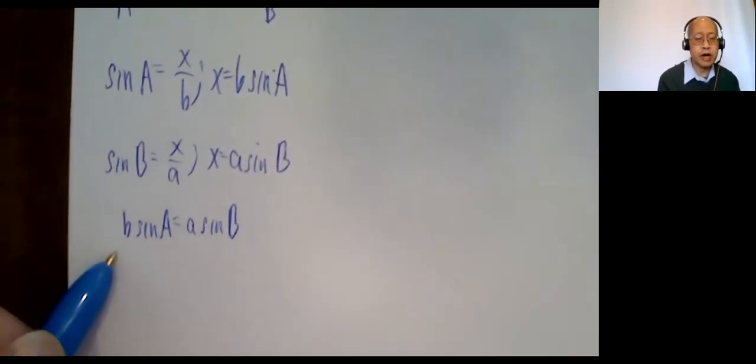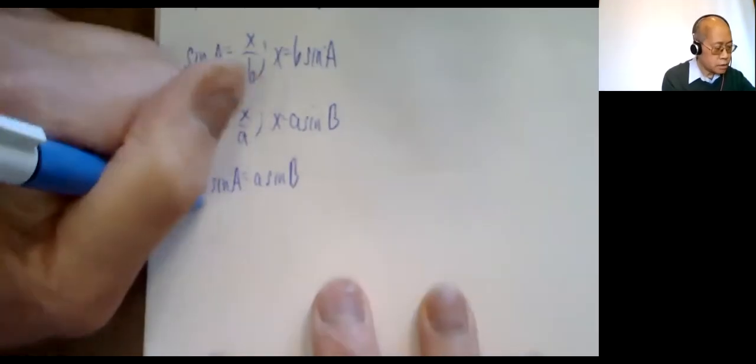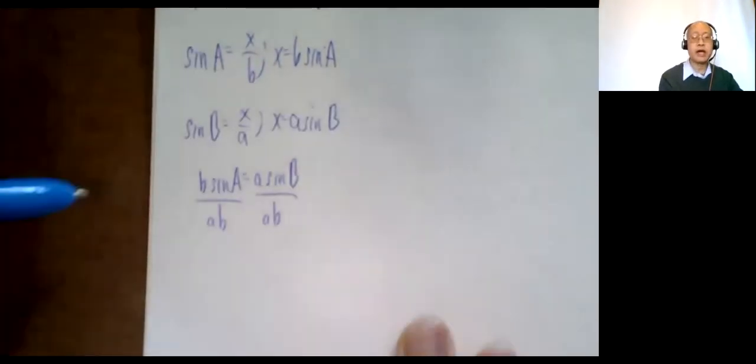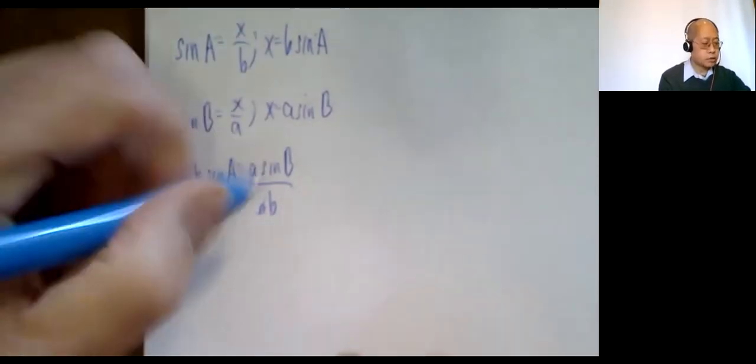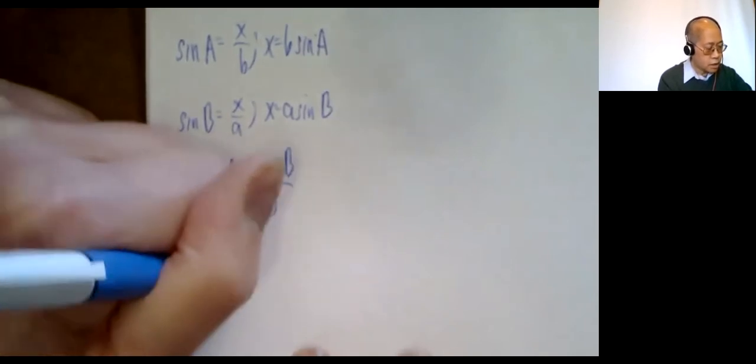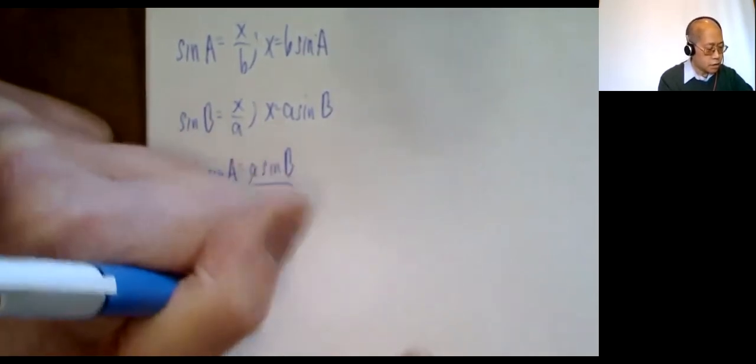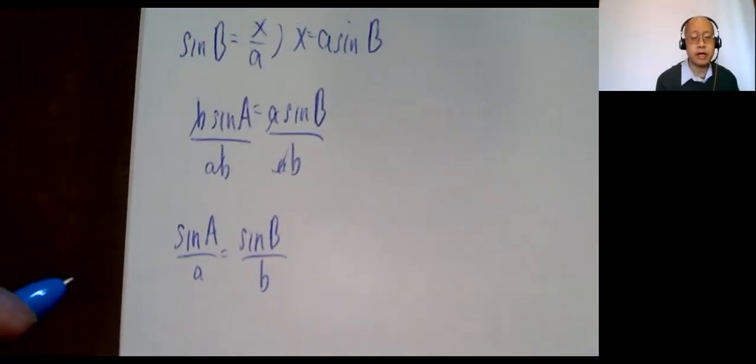Now I'm just going to divide both sides by AB. B cancels here, A cancels here. Sine A over A equals sine B over B. Very nice formula.